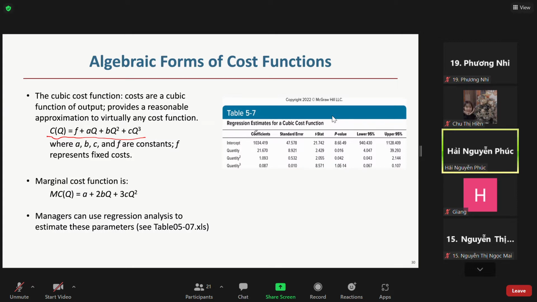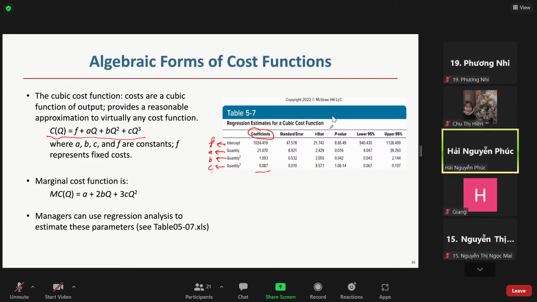First we have to pay attention to the coefficients. The intercept is F. Quantity is A. Quantity square is B, and quantity cube is C. And here are the coefficients. Once again, according to the regression, all the coefficients are positive.